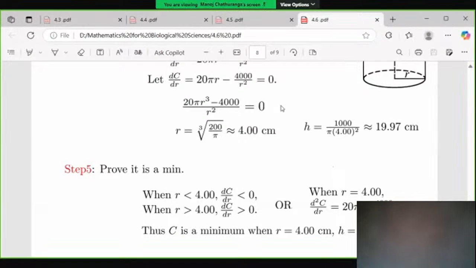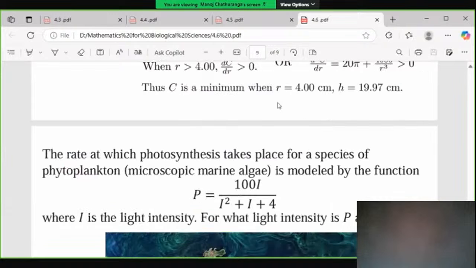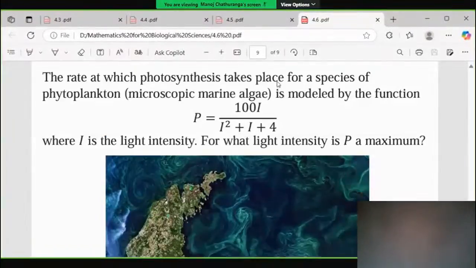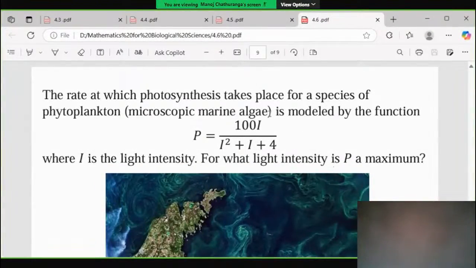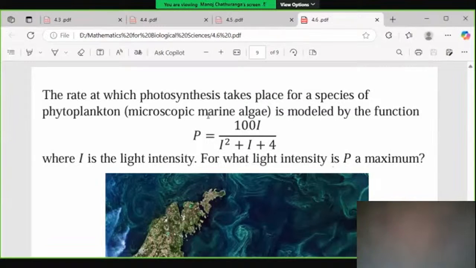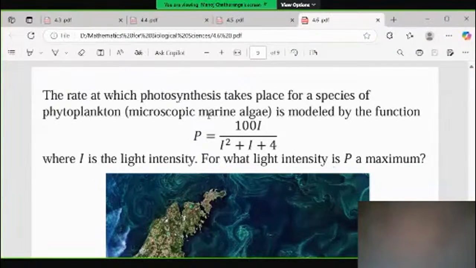We are almost done actually. Last problem is also something somewhat interesting. It is about some marine algae and some biochemical process.